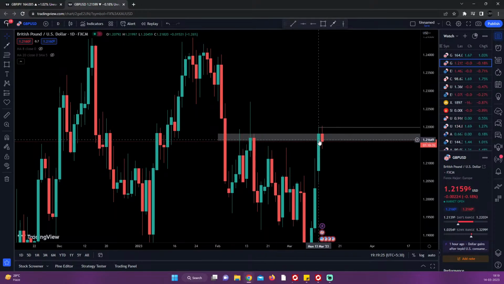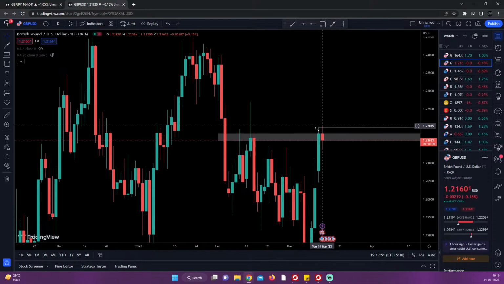Today's candle will decide. If this current candle closes below this area, 1.21722, then there is a very high probability that tomorrow's candle will be moving down, because this will be a fake out then, right?